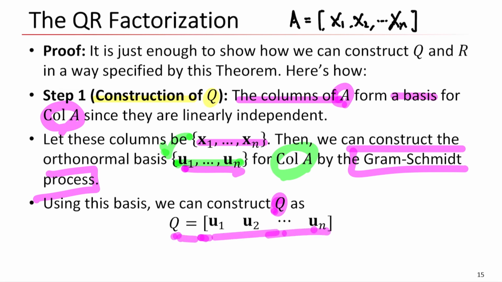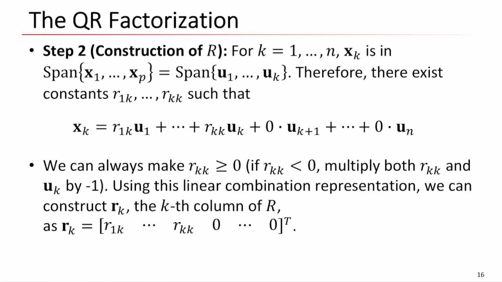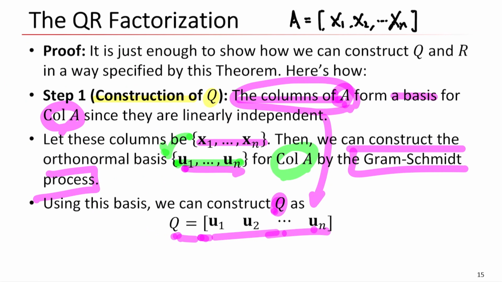In other words, by using the column vectors of A, we can derive the matrix Q, which consists of the orthonormal basis for the column space of A. So this is just the construction of Q. We can do this in the next example, but here we just show that there exists the Q matrix, which is an orthonormal basis of the column vectors of A, right?